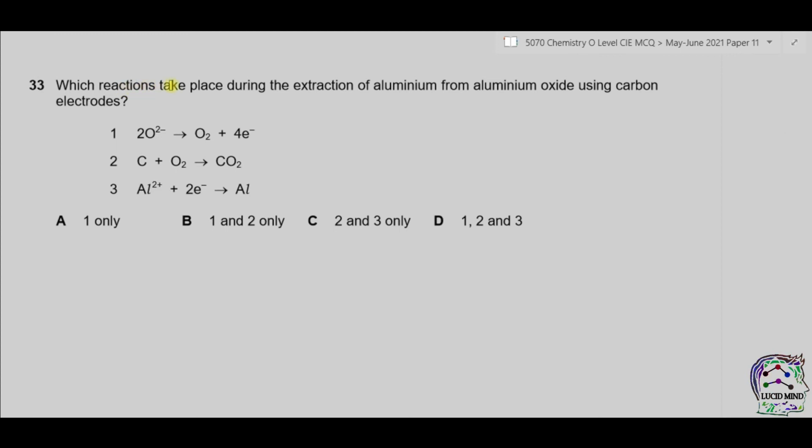Question 33. Which reaction takes place during the extraction of aluminum from aluminum oxide using carbon electrodes? In aluminum oxide, we have aluminum plus 3 ions present, oxygen minus 2 ions are present. Aluminum plus 3, they gain electrons to form aluminum metal, and oxygen -2 will lose electrons to form oxygen gas.